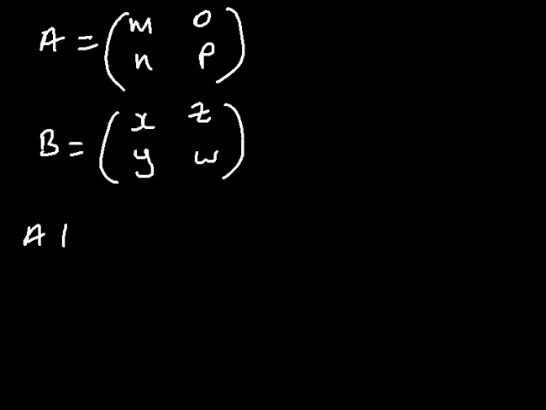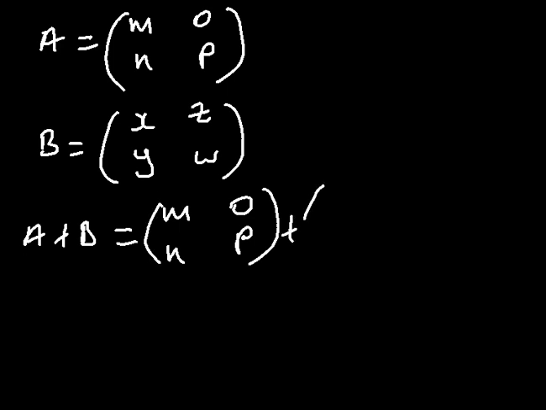The addition of the two matrices is the same as M down N, O down P, plus X down Y, Z down W. These matrices have to be added complementary.